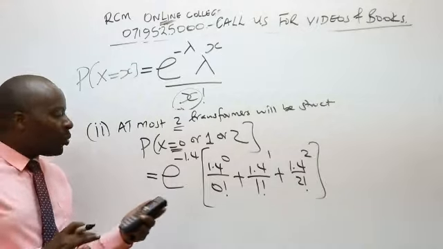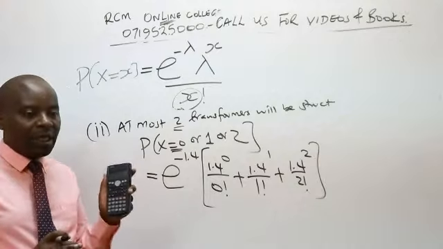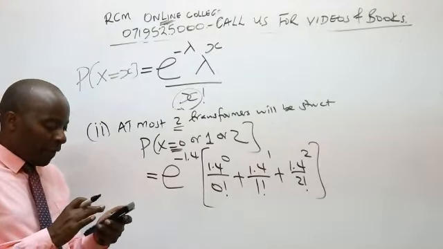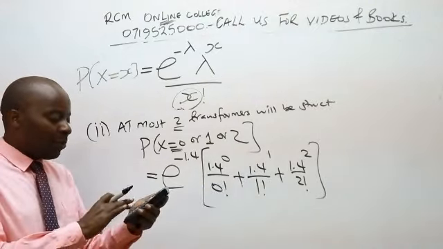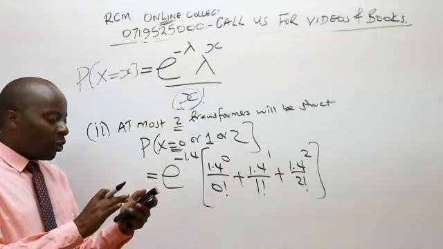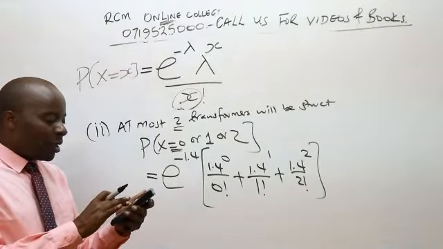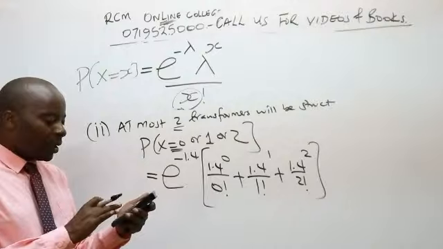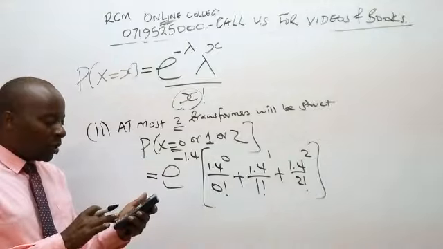And then we have times, open bracket, 1.4 raised to 0 divided by 0 factorial, plus the second term, 1.4 raised to 1 divided by 1 factorial, plus 1.4 raised to power 2 divided by 2 factorial, equals.